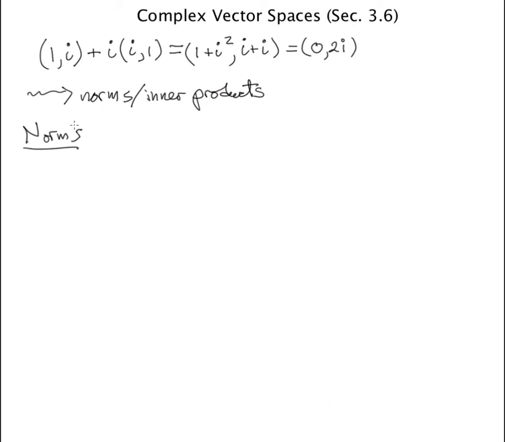So the triangle inequality says that the norm of v plus w, sorry, I should write it in the other order, the norm of v plus w is less than or equal to the norm of v plus the norm of w. This is the triangle inequality in a real vector space.